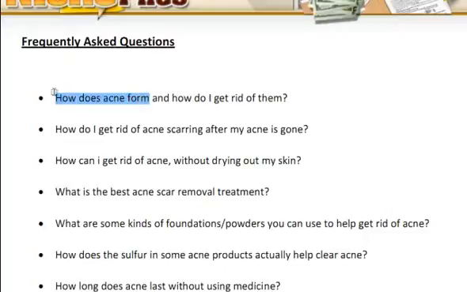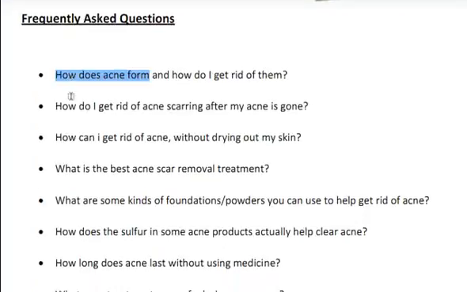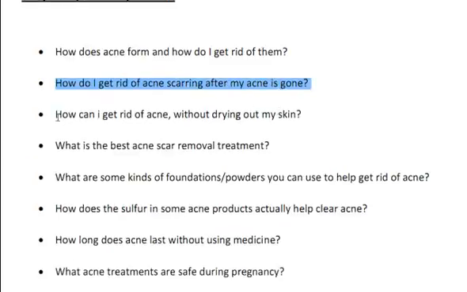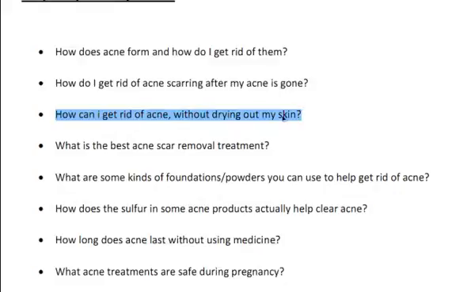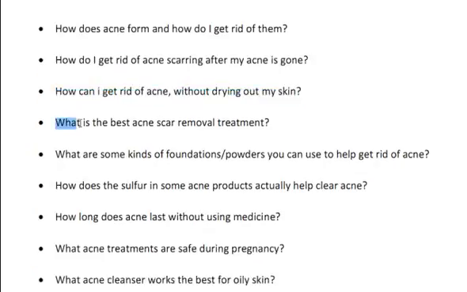Now let us take a look at some other questions. How do I get rid of acne scarring after my acne is gone? How can I get rid of acne without drying out my skin? What is the best acne scar removal treatment? The answers to each of these questions could either be an entire product by itself.